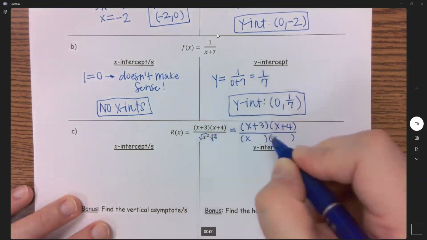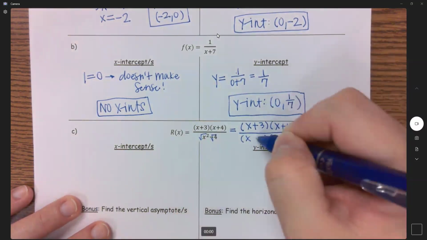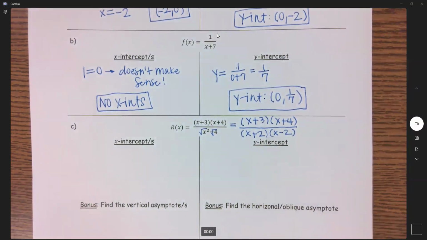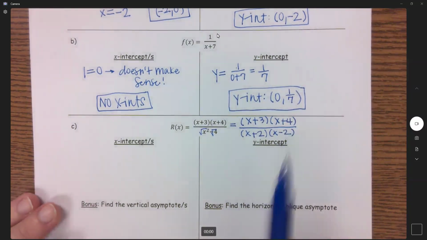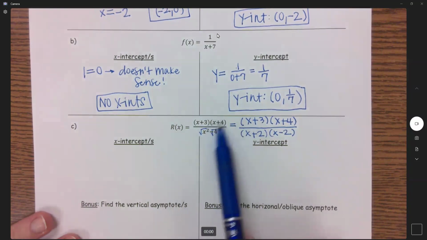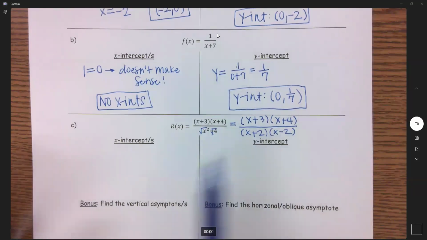The square root of 4 is 2. And because it's minus 2, that is 1 plus and 1 minus. Okay, so once I write it like this, I can see very clearly that nothing cancels. When you have it written like this, it's kind of tempting to mark out your x plus 4s, but that's an x squared, right? So don't mark those out.